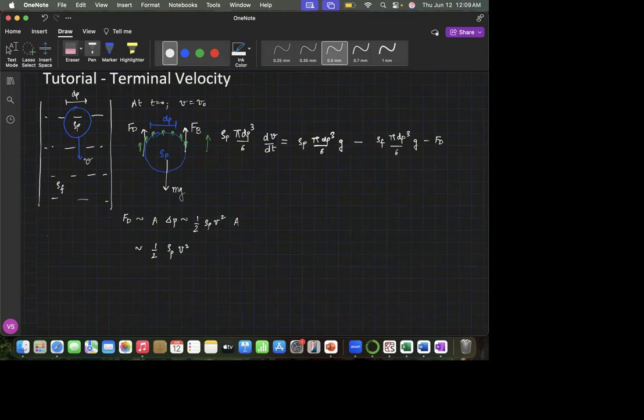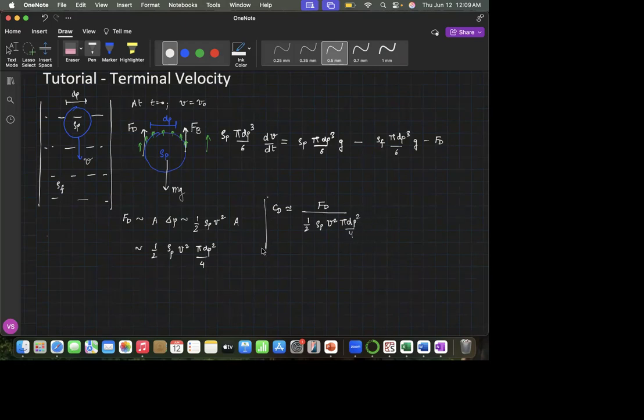When a sphere is projected on a plane, it just becomes a circle, so that's pi d_p squared over 4, right? Therefore, the dimensionless form of the force is just the drag force divided by half rho_p v squared times pi d_p squared by 4.